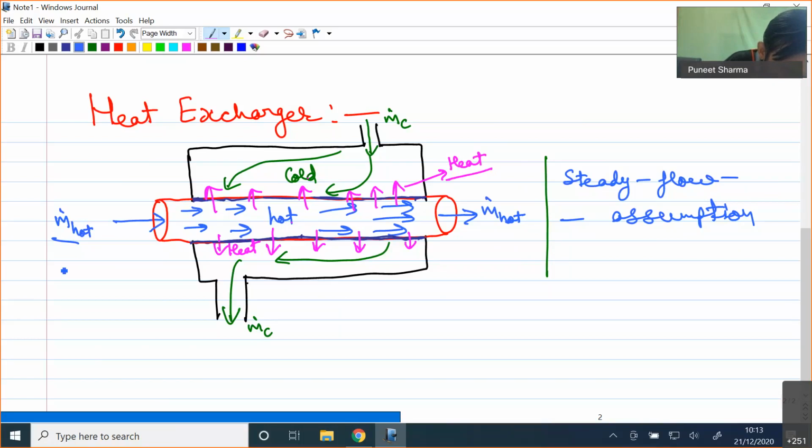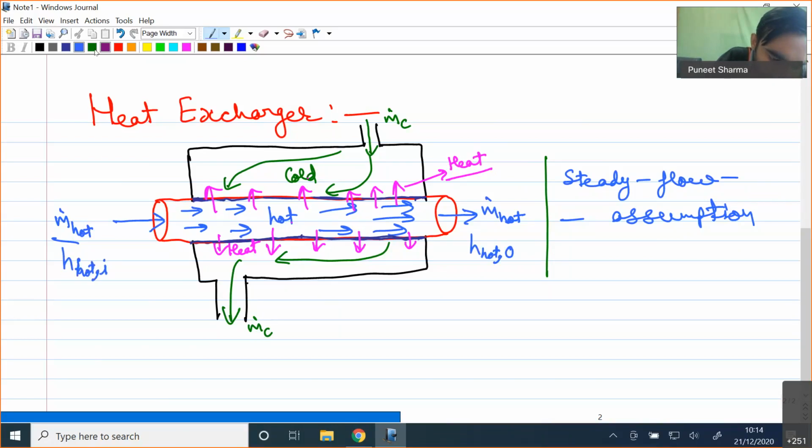Now let me define. Let me write H hot I as the enthalpy of this hot medium at inlet. Similarly, H hot O is the enthalpy of this hot medium at exit.